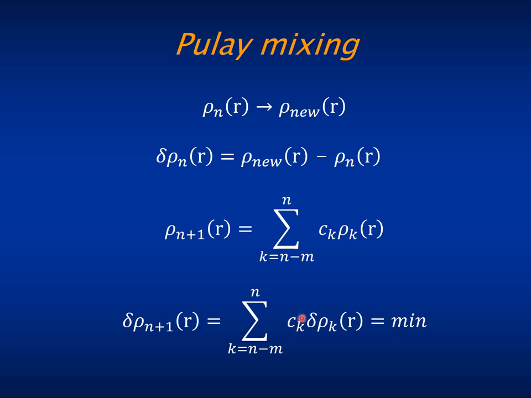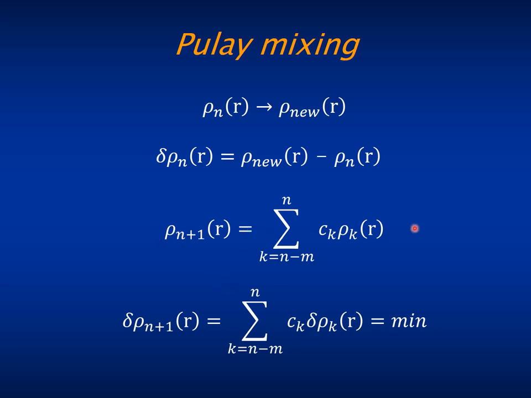So you choose these coefficients Ck to minimize the residual of the next iteration, and you input them in the new density.